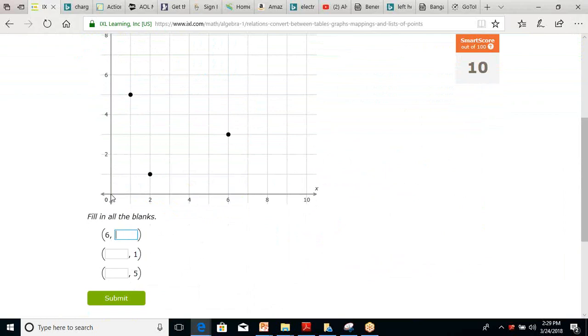Okay, so if you have 6, then I think this is 0. On the y, we really don't have a point there, but anyway, if you have on the x axis, if you have 1, then on the y axis is 5.